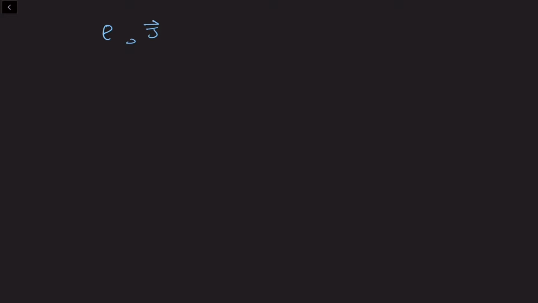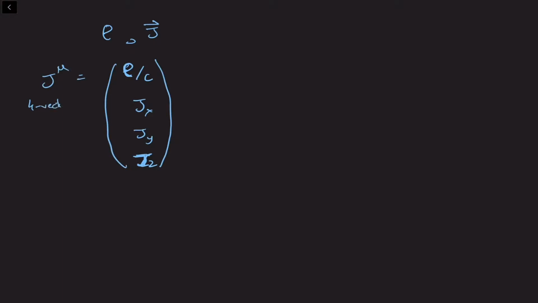And you can show that rho by c and Jx, Jy, Jz transform like a 4 vector, which I can define as the current 4 vector, or the charge current 4 vector.